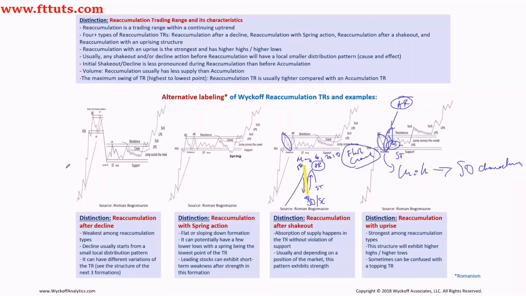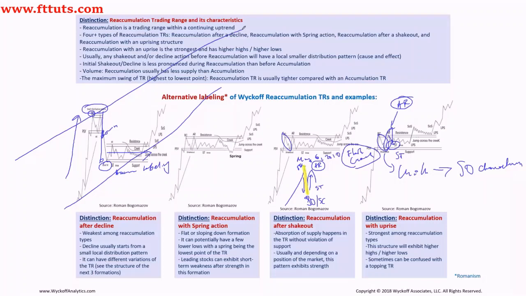In some instances, you're going to have a push to the upside, climactic action, a very small distributional pattern, which would point on the P&F that there's going to be some kind of downtrend. So you have to go through this, and then a local selling climax, and the regular accumulation labeling is going to be applied to this. But within the context of a much larger trend, this is just a reaccumulation by itself.